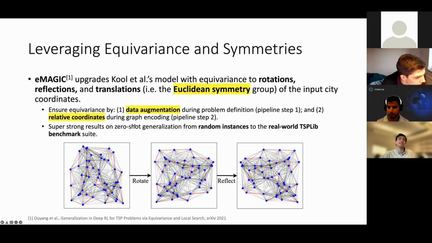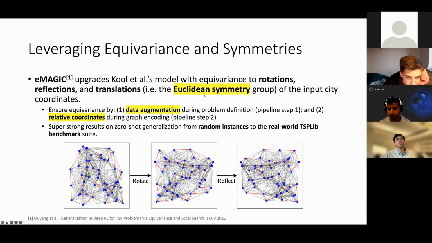And essentially this paper called eMagic, it's a long acronym, which I wouldn't say, but this paper upgrades the attention model by Kool et al. with equivariance to the Euclidean symmetry group for the input cities. Now, they ensure equivariance by doing data augmentation to increase the size of their training data set.